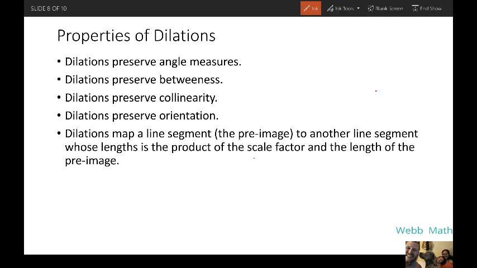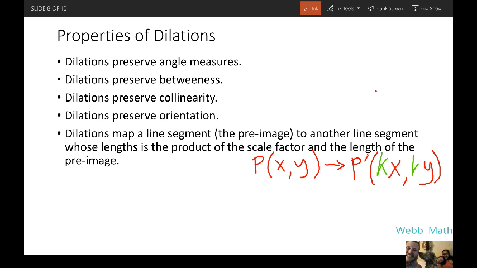You have a point at x comma y, and then after you dilate that point, the only thing that happens is you use the product rule on that point or coordinate, and you multiply by the scale factor, which is belovedly known as k. Okay.